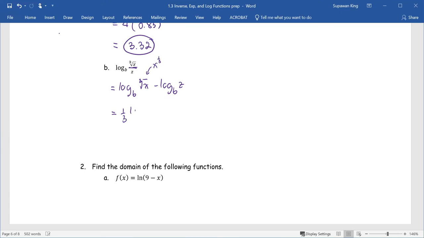So 1/3 log base b of x minus log base b of z equals 1/3 multiplied by the quantity that represents log base b of x, or 0.33, minus the quantity that represents the value of log base b of z, or 0.83. We will get negative 0.72 as a result.